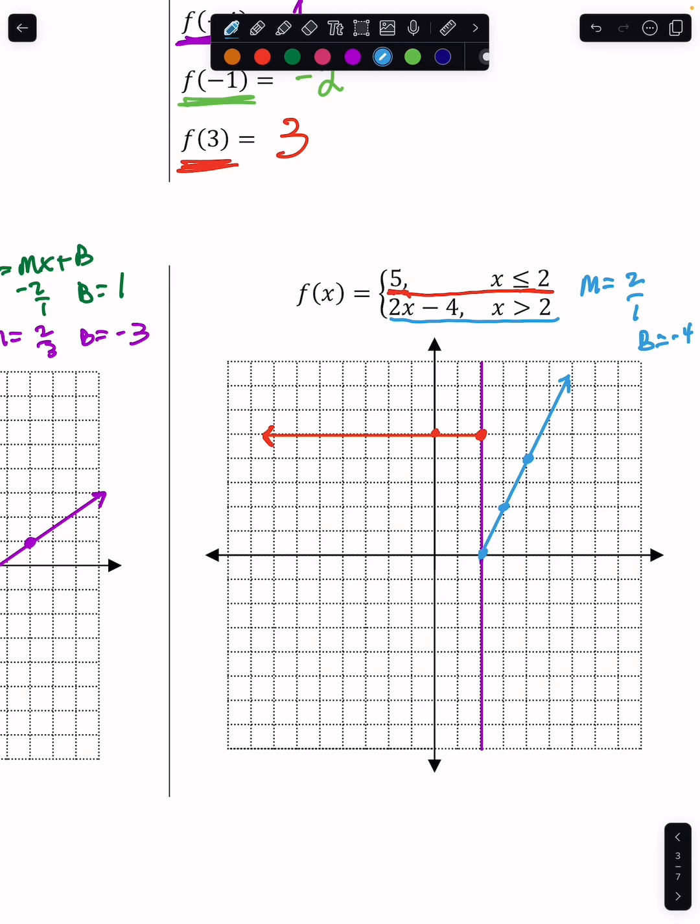If you said open, you are correct. So I have to adjust this so that I have an open circle. Now I no longer need this purple line because everything is already drawn. And that is my piecewise for that one.